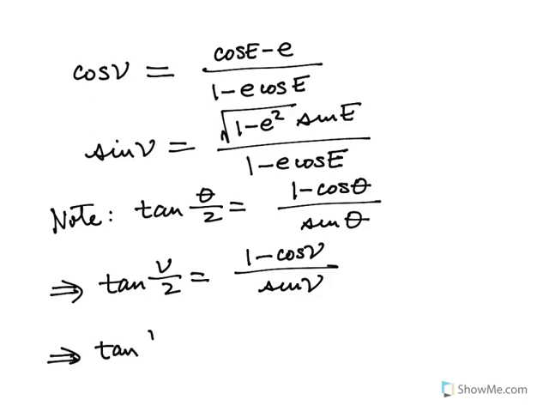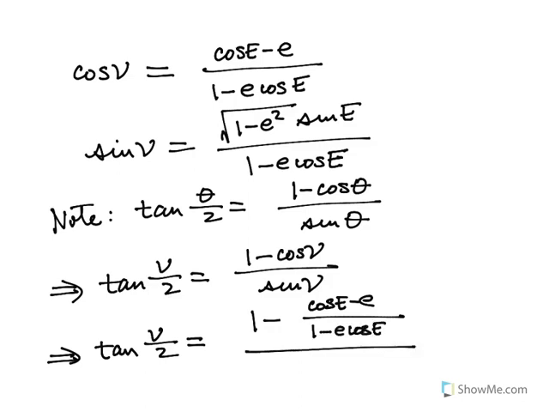If we make that substitution, we get the tangent of nu over 2 is equal to 1 minus the cosine of nu, that's the cosine of E minus little e, all divided by 1 minus e cosine of E, all divided by the sine of nu, which is the square root of 1 minus e squared times the sine of E, all divided by 1 minus e cosine of E.